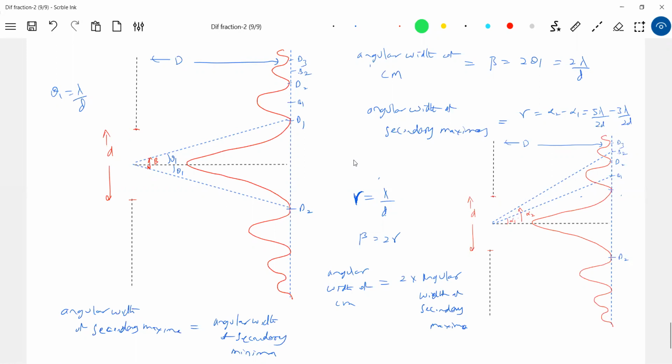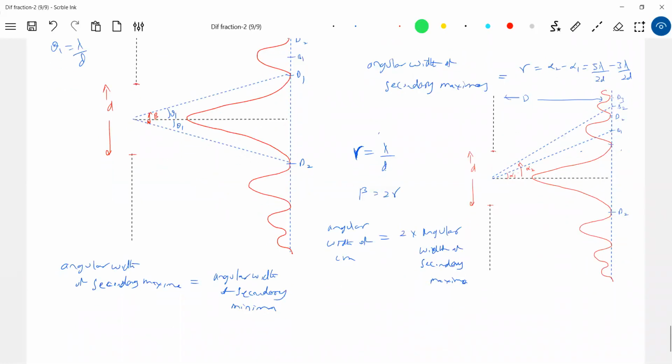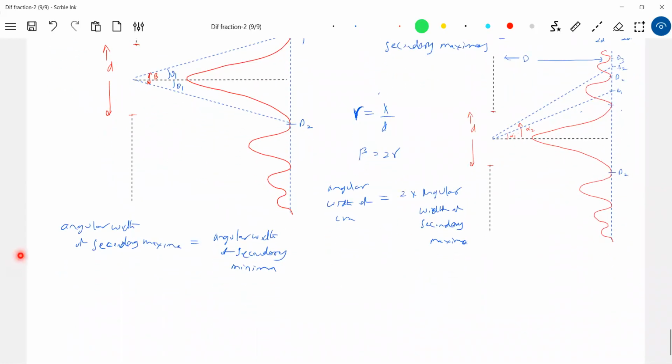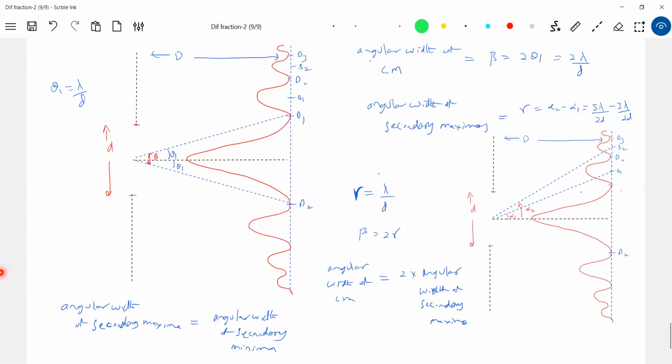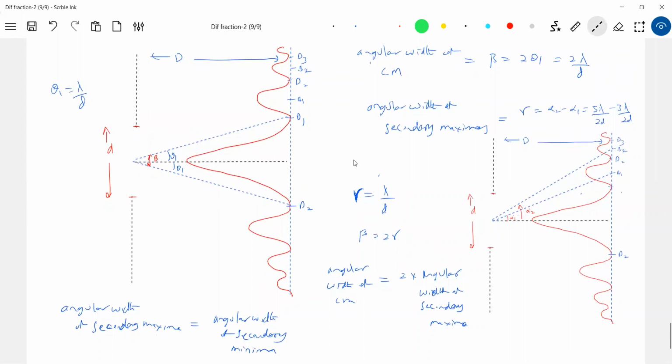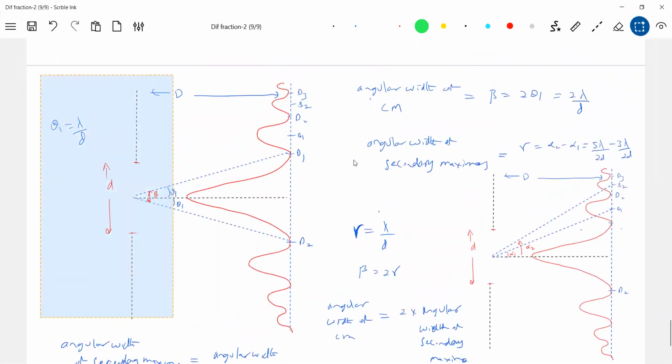Why are we studying this diffraction? Before that, what about the intensity variation? Do we have any equation for this? So if I plot this, I think I can copy this. We'll show all that angular width, that one diagram.